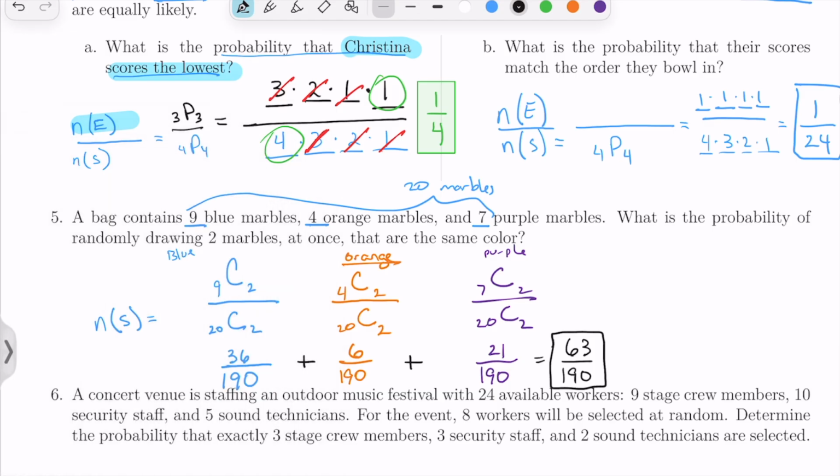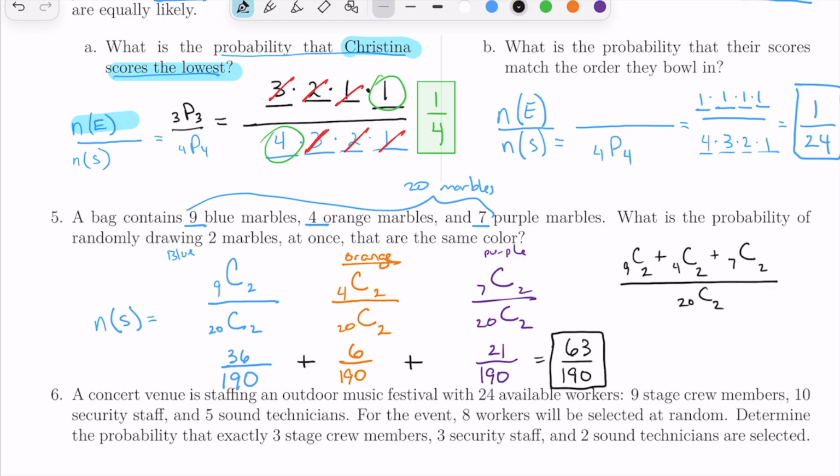Now, instead of doing these all separate, you could also think of it like this. You could write it as 9C2, that's the total number of ways of choosing 2 blue marbles, plus 4C2, that's the total number of ways of choosing 2 orange marbles, plus 7C2, that's the total number of ways of choosing 2 purple marbles, and that's over 20C2.